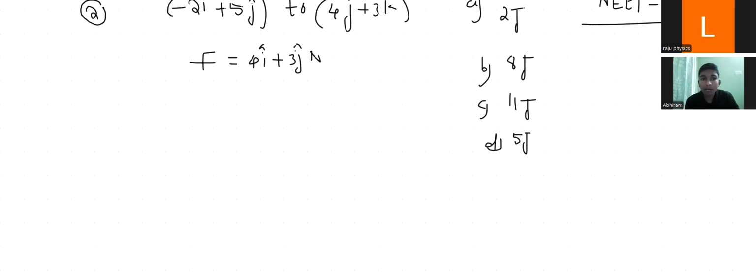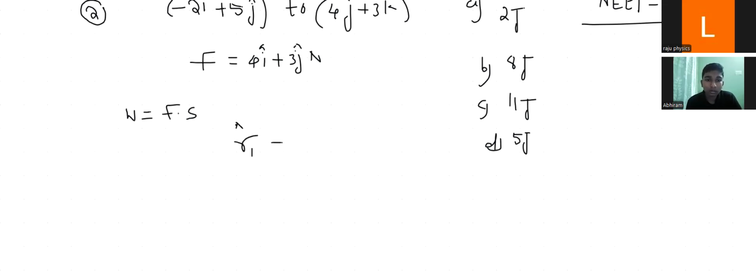So generally, what is the formula for calculating the work? W equals F into S. Now here we know the force, but we don't know the displacement. But they will give you two points. R1 is given directly. So what is that R1?